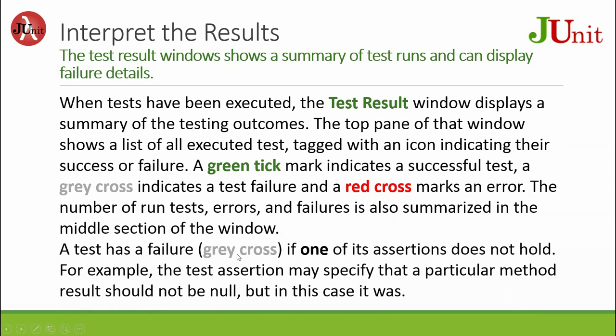A test has a failure if one of the assertions fails. So for the group name test, if any one of the assertions for any line of the string name fails, that doesn't match the pattern, then the failure will be raised. For example, the test assertion may specify that a particular method result should not be null, but in this case, it was.